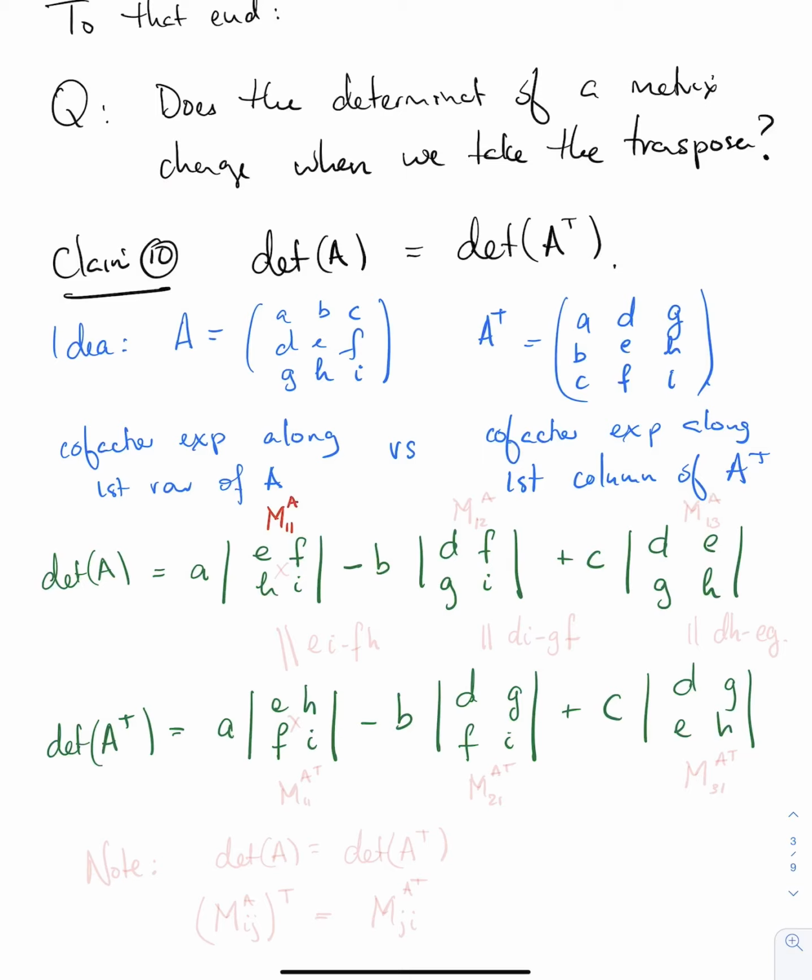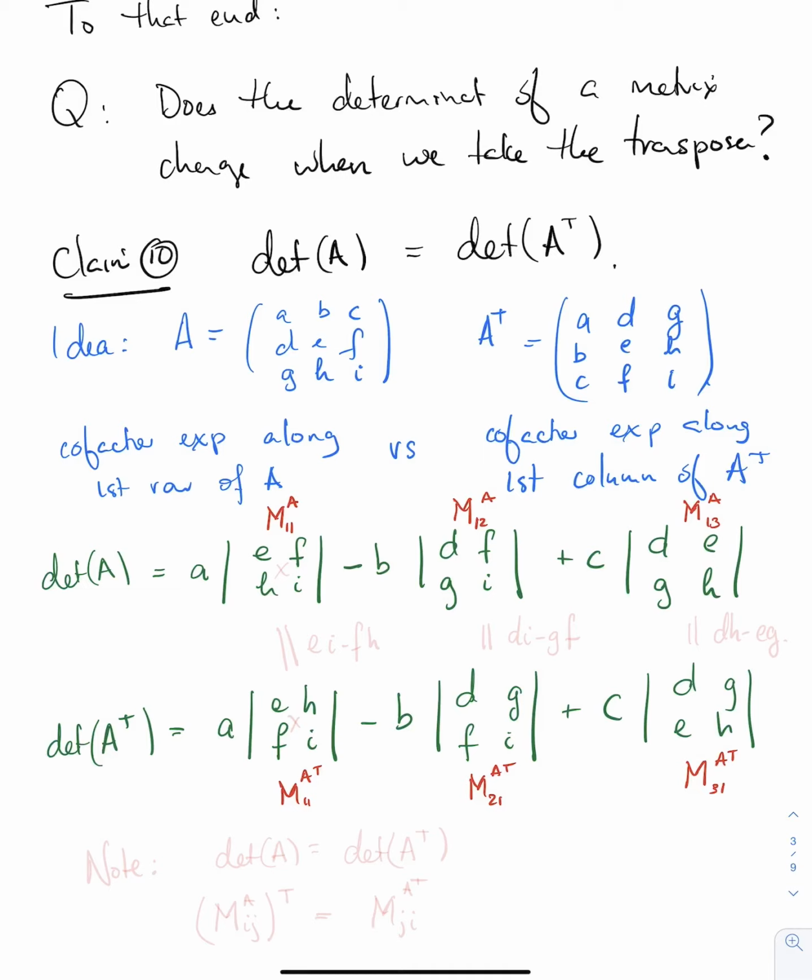So E, F, H, I is M11 of A, E, H, F, I is M11 of A transpose. This over here is going to be M12 of A, and this is going to be M13 of A. And down here, correspondingly, I'm going to have M21 of A transpose and M31 of A transpose.